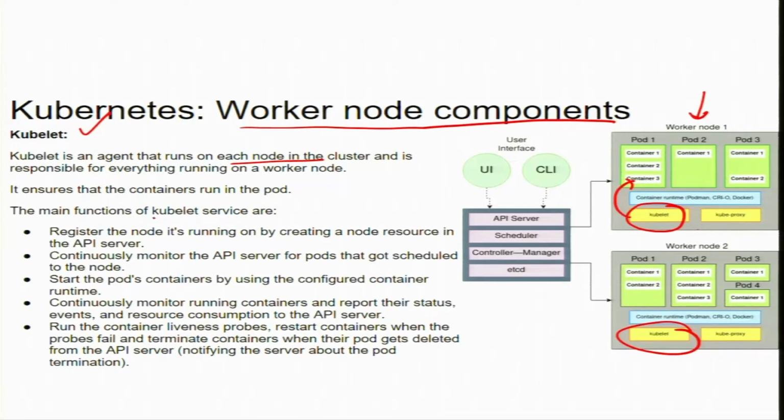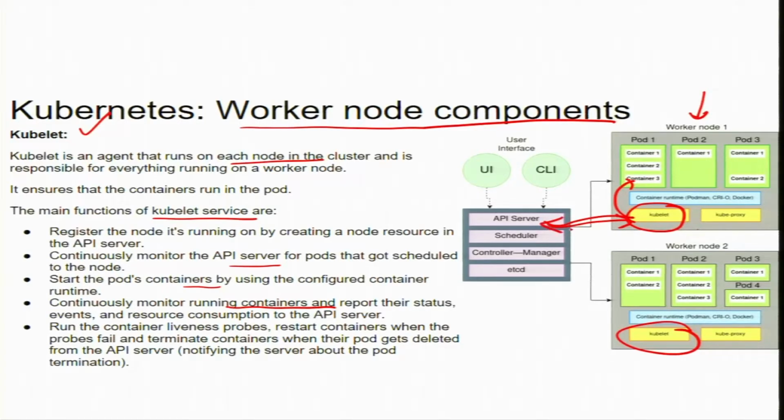The main functions of the kubelet service are: register the node it is running on by creating the node resource in the API server, so it interacts with the API server; continuously monitor the API server for the pods that got scheduled; start the pods' containers by using the configured container runtime; and continuously monitor the containers and report their status, events and resource consumption to the API server.